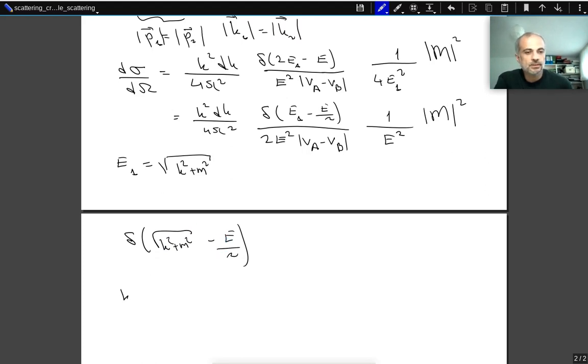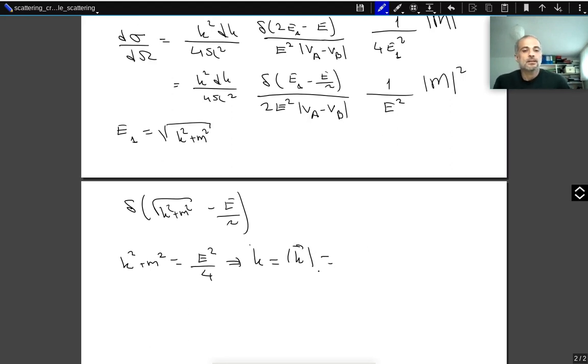The argument of the Dirac delta is 0 if k squared plus m squared is E squared over 4, or if k, the magnitude, remember this k is actually the magnitude of the 3-vector, not the 4-vector k, that k is equal to the square root of E squared over 4 minus m squared. Keep in mind that this k, since it's the magnitude, is positive. Now if we come back to this Dirac delta, let me just call this number k0.